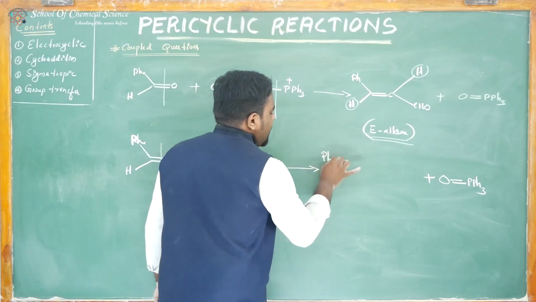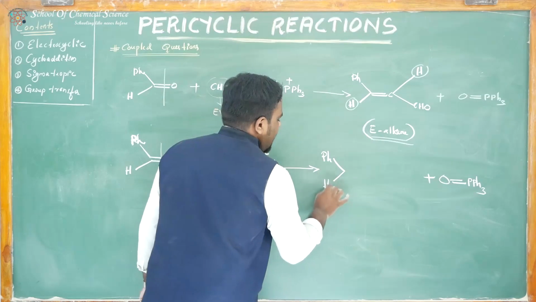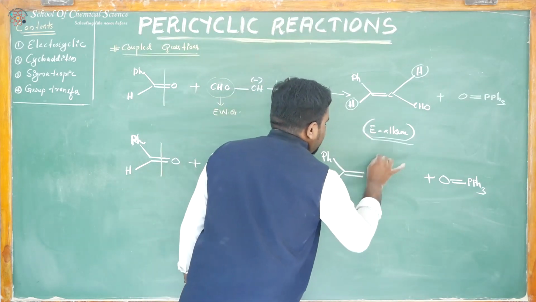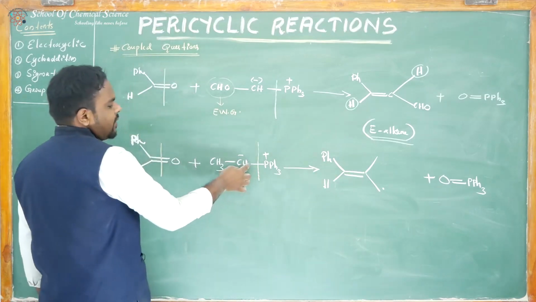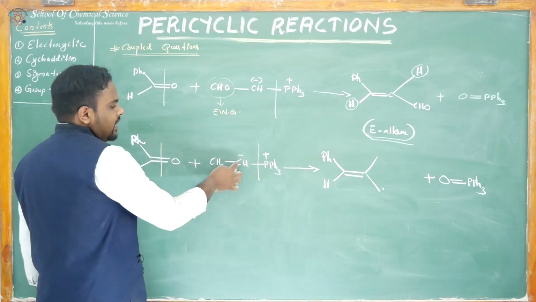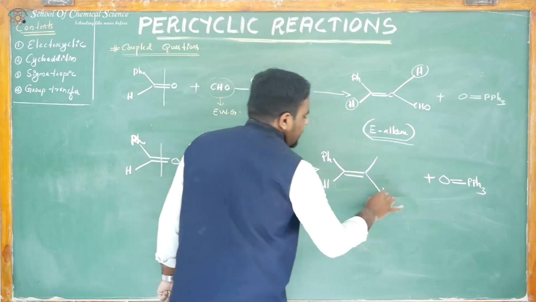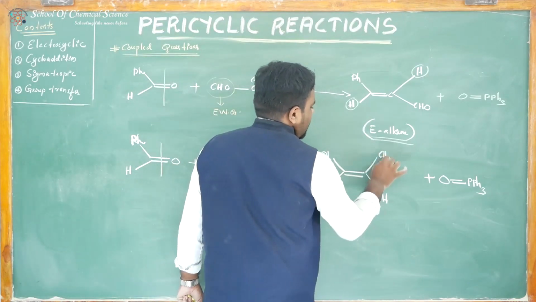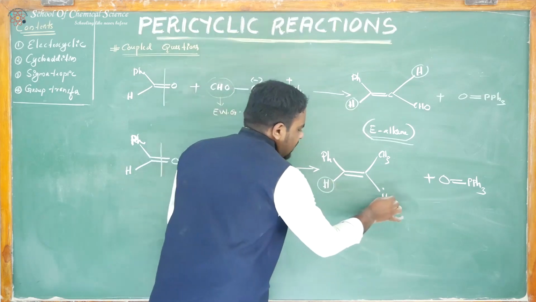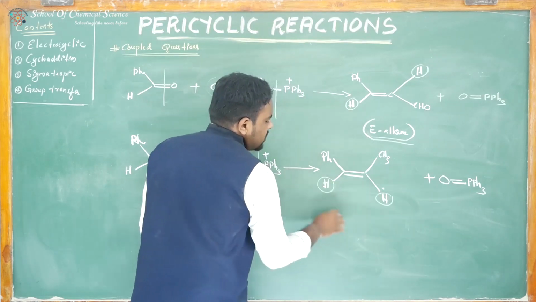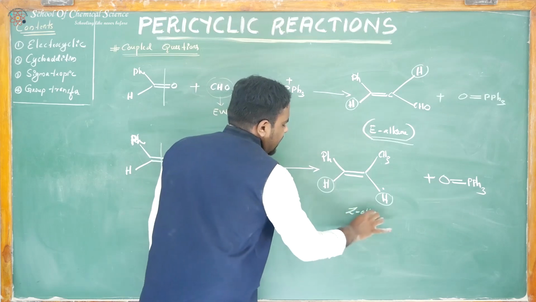That means Ph–CH= with a hydrogen there, double bond. In this carbon a hydrogen and CH3 are there. So hydrogen and hydrogen are the same group, then CH3. Same priority group on same side is Z-alkene.